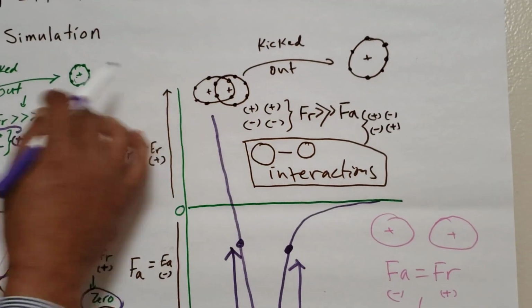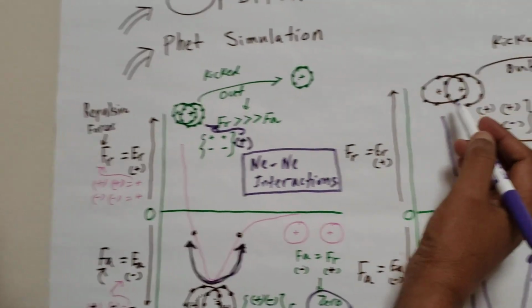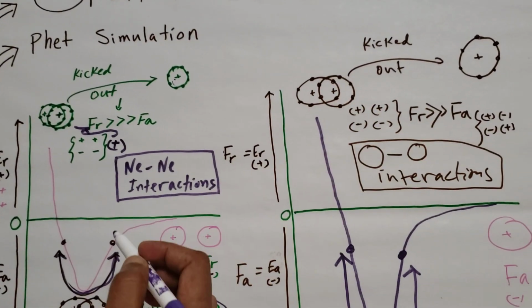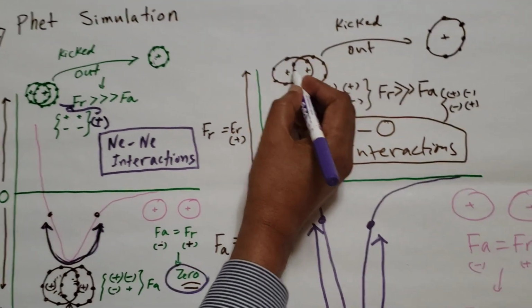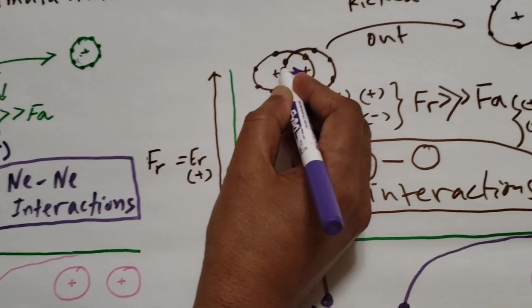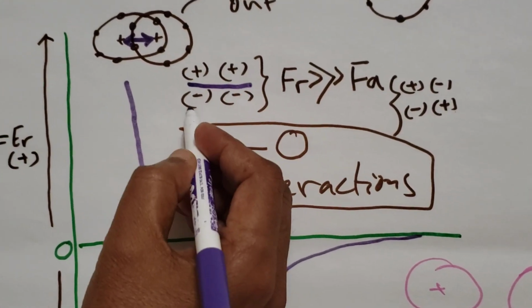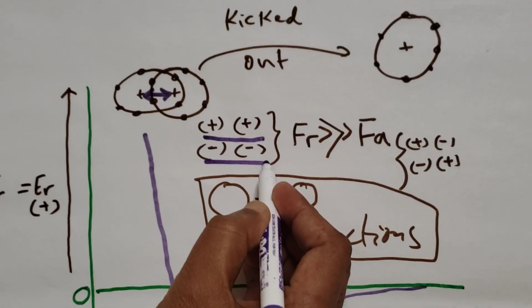We have already explained this here. The same thing is happening when the two atoms are very close to each other. We have a lot of repulsion between nucleus and nucleus, and electrons and electrons.